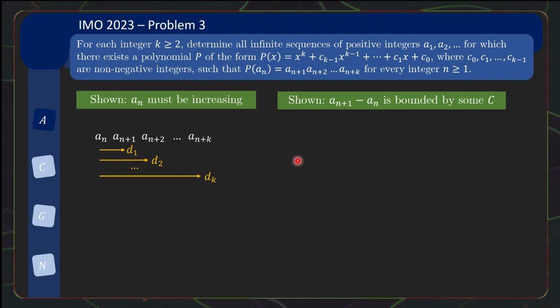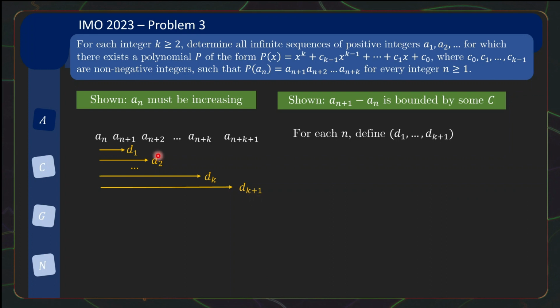But it turns out that in a slide later, it will become clear why we want to consider one additional term in our block. So I'm going to be investigating the behavior of blocks that are of the form a_n plus the next k terms, but also one more term after that. And so in essence, for each value of n, I'm going to look at the difference values d_1, d_2 until d_{k+1}.